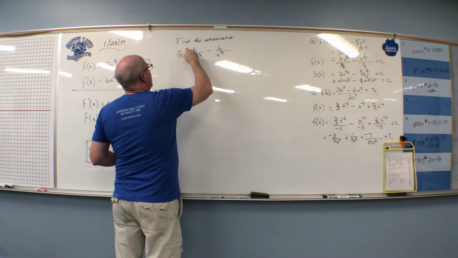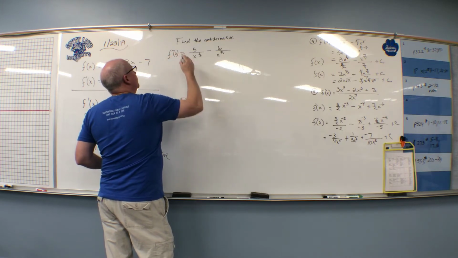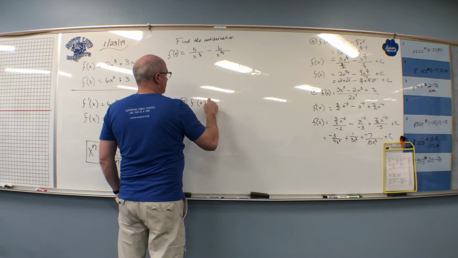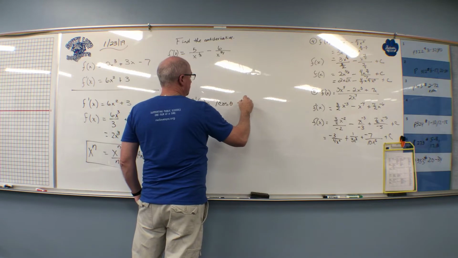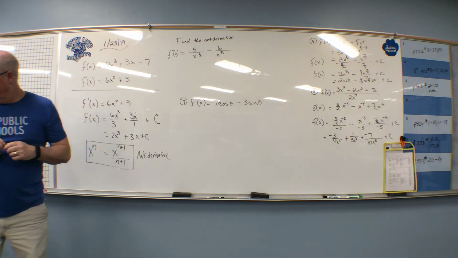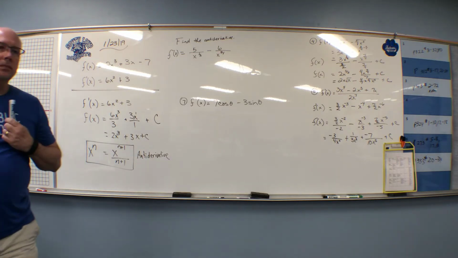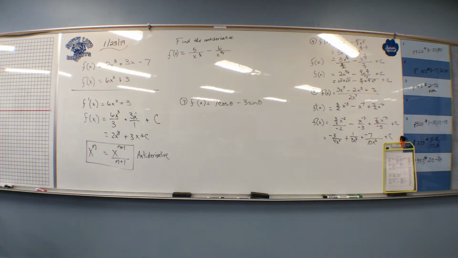This should be f prime of x, kinda missing my notation there. Can we leave that as an improper fraction?